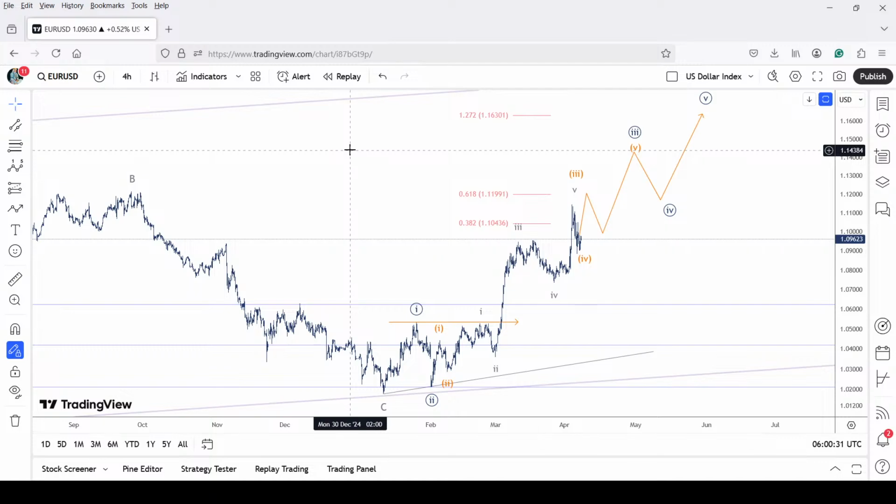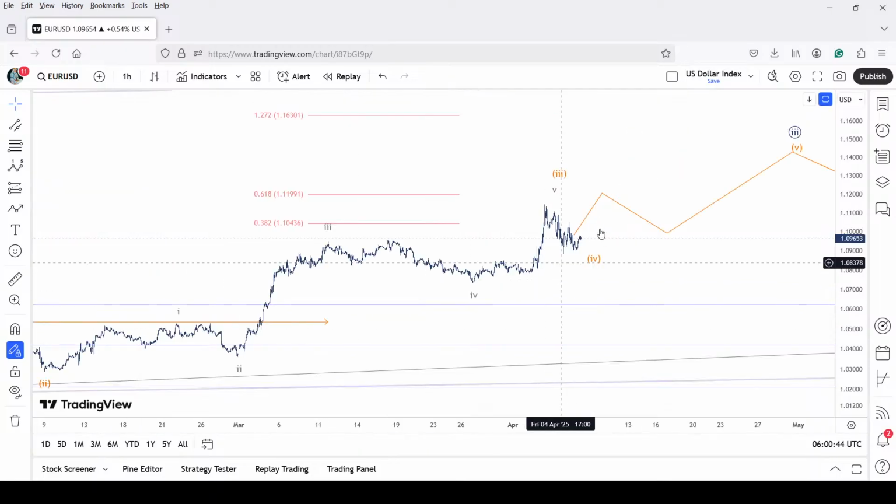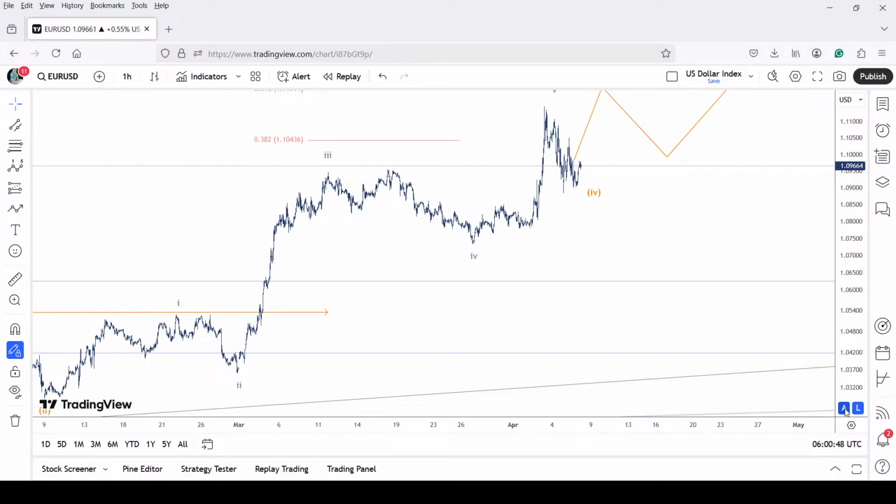It is now trading around 1.0960. So possibly it might be working on a potential sideways move, and I think possibly we might have one more low.